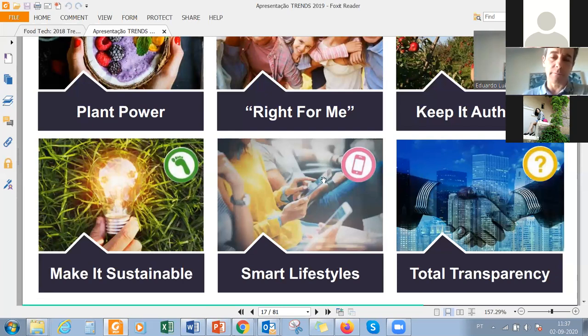So, in a quick way, look at smart lifestyle. New lifestyles that need people to have short lunches, or lives that involve a lot of mobility, or lives that need products or dinners already produced at home.